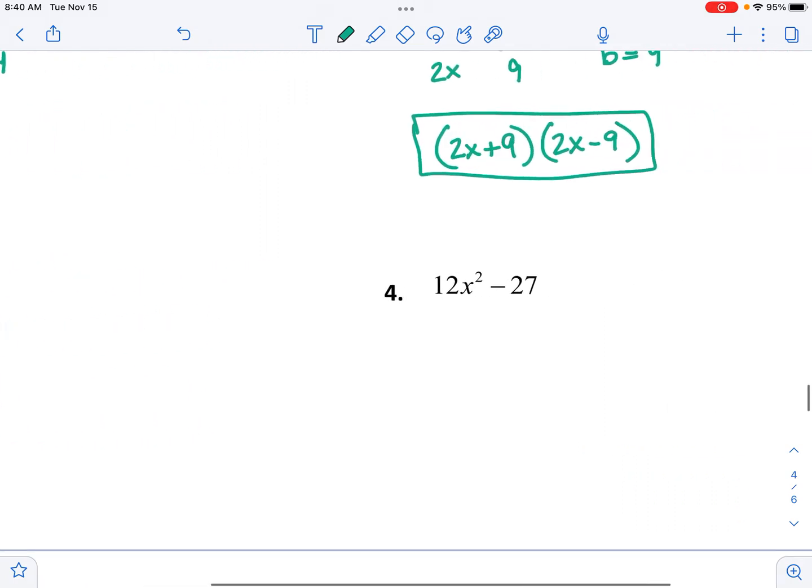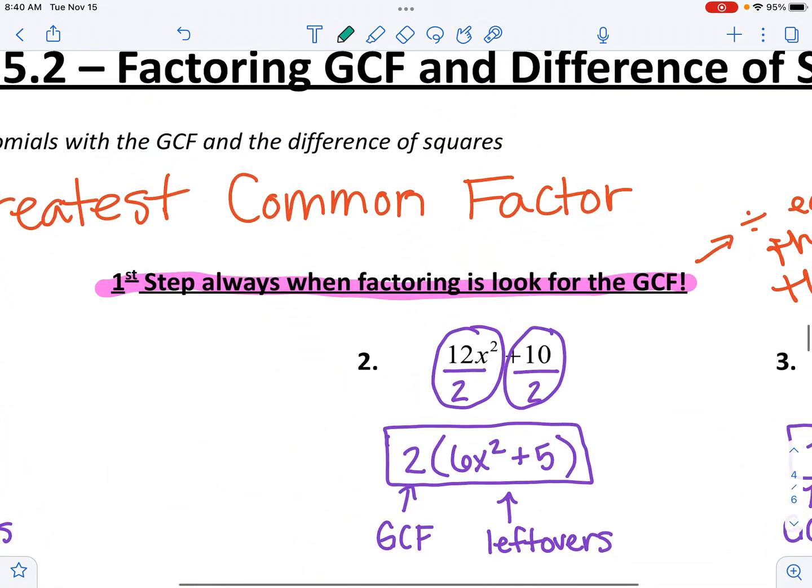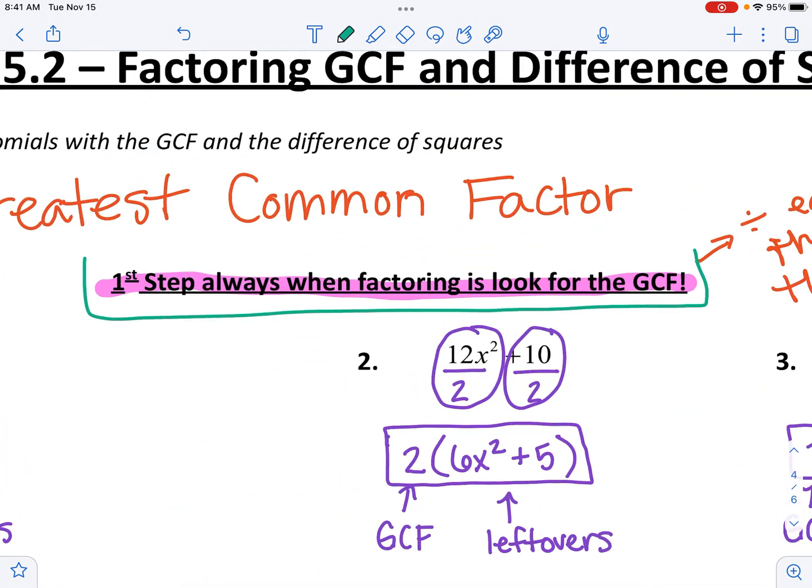All right, last one. 12 and 27. Neither of these numbers are perfect squares. So I won't be able to just square root each term and get answers from there, okay? If you remember all the way back up here, the first step when factoring is to look for that GCF.